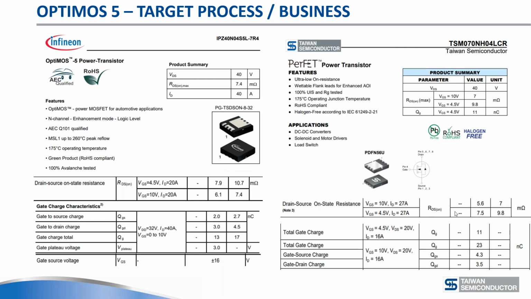And here you go by Taiwan Semiconductor, and you find the RDSON, the 5.6, and you multiply by 4.3. If you do the multiplications, you'll see that we're slightly higher, but not much higher than actually in this case OPTIMOS 5 here.